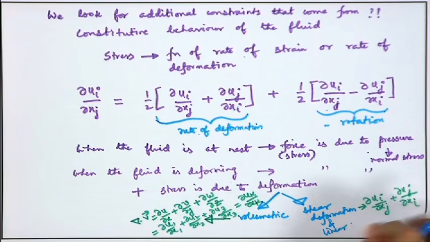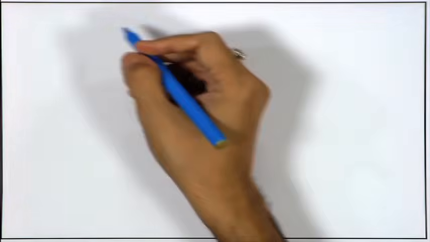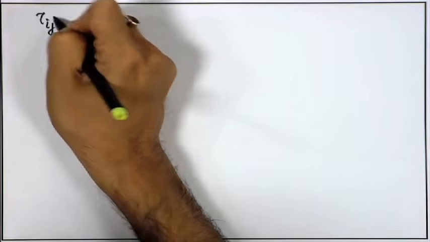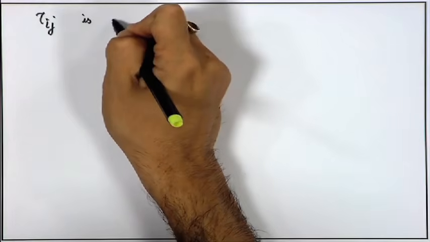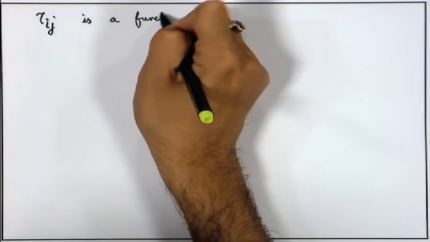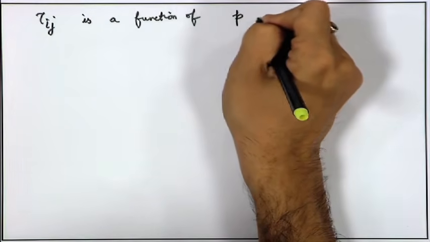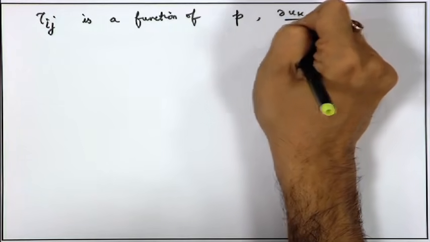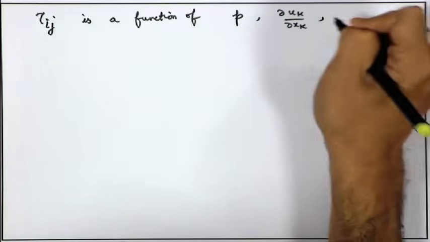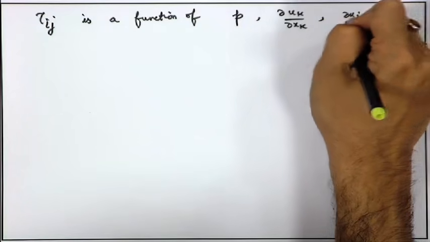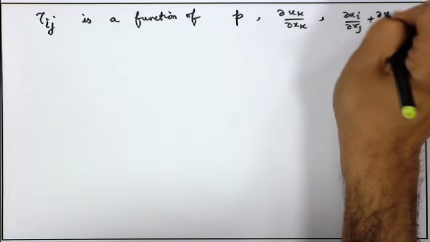So, let us write summarily that tau ij is a function of what? Tau ij is a function of pressure, del u k del x k, and del u i del x j plus del u j del x i.